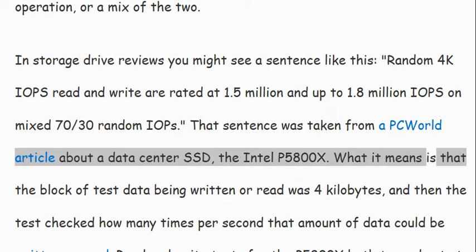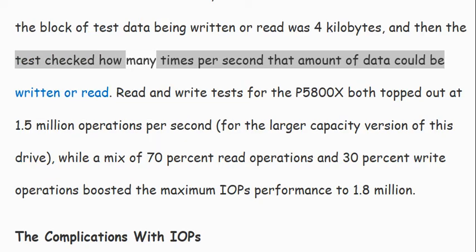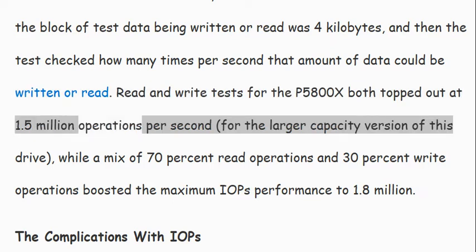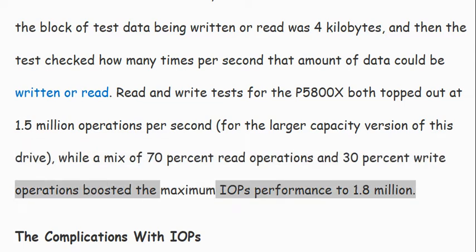What it means is that the block of test data being written or read was 4 kilobytes, and then the test checked how many times per second that amount of data could be written or read. Read and write tests for the P5800X both topped out at 1.5 million operations per second for the larger capacity version of this drive, while a mix of 70% read operations and 30% write operations boosted the maximum IOPs performance to 1.8 million.